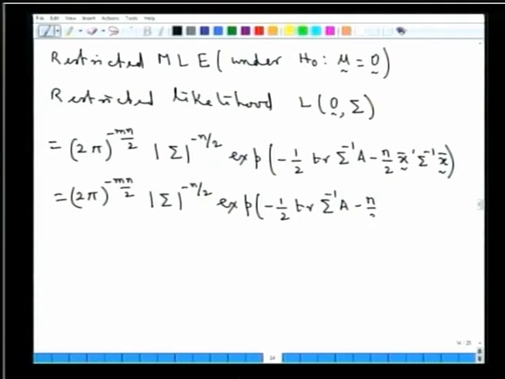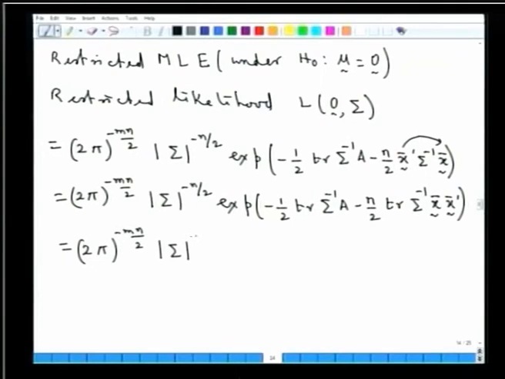Now this is a scalar quantity, and hence this quantity itself, I can write trace of this term, and once I write trace of this x transpose sigma inverse x, then we can use the fact that trace AB equal to trace of BA, and then take this x bar on this side using the trace result, and then we will have this as trace of sigma inverse x bar transpose.